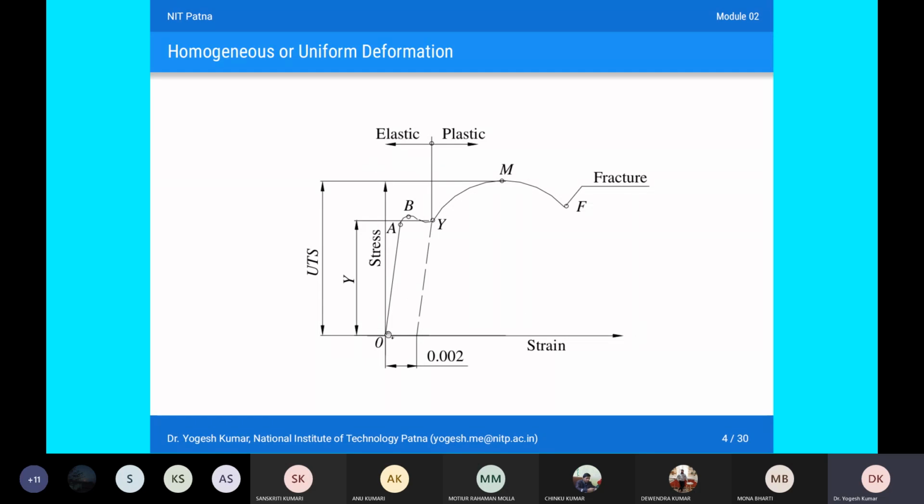We are aware that O to A is your proportionality limit, then O to B is your elastic limit, then Y is your yield point, then M is your ultimate tensile strength, and F is your fracture point. This is the curve which you normally obtain from a tensile test.